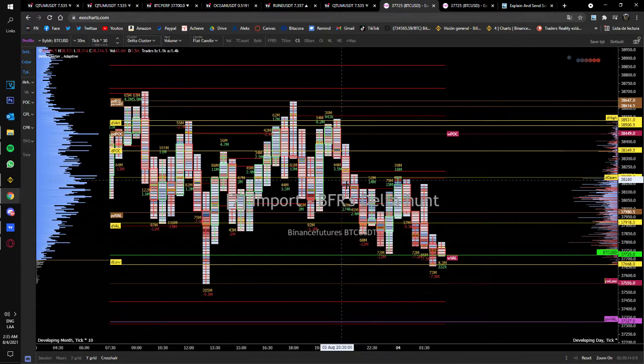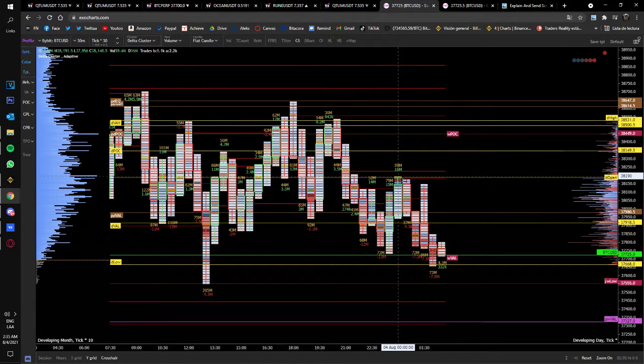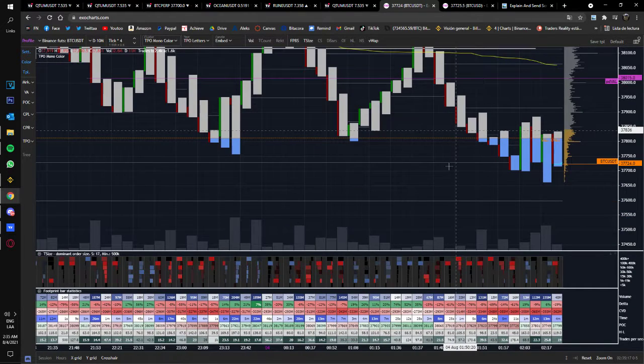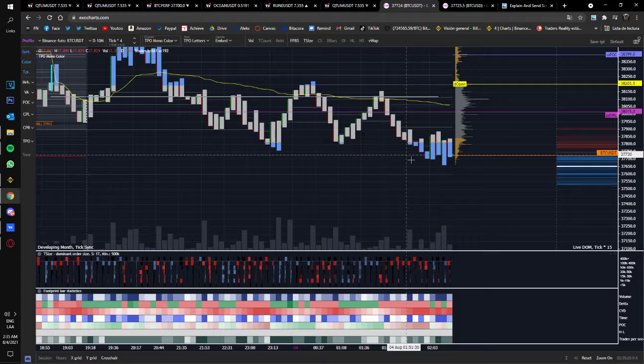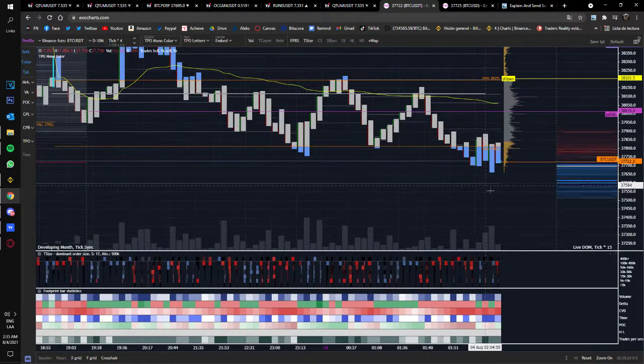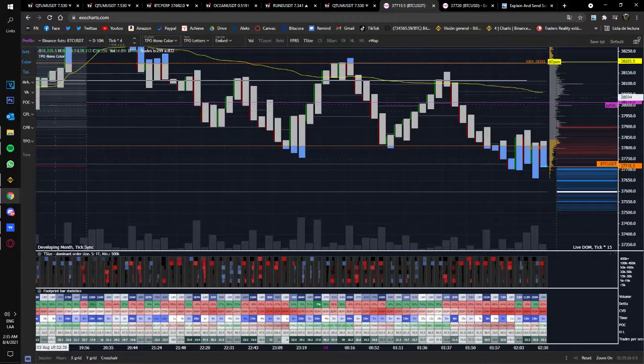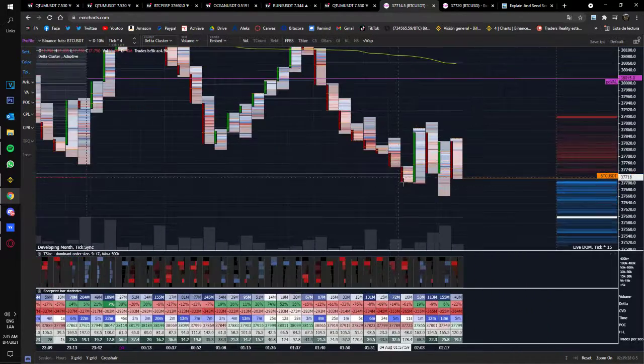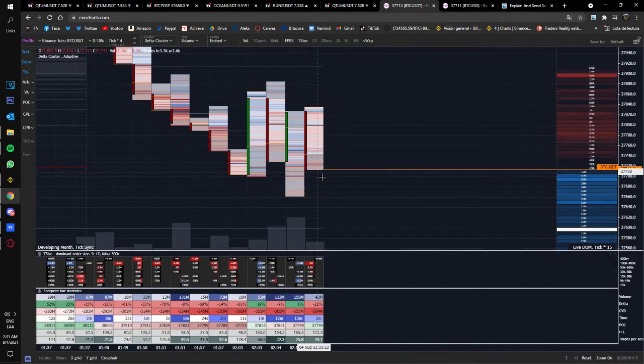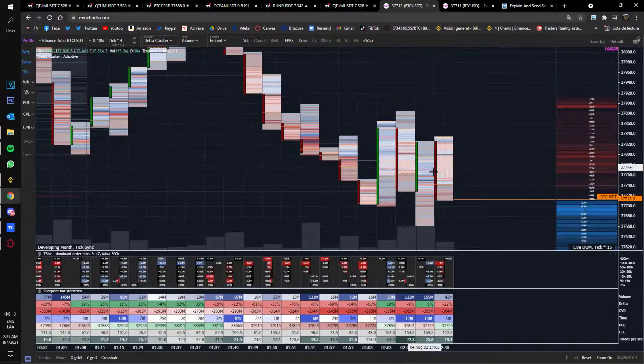This is another template where I have the delta candles. Remember, I told you guys the delta is the difference between buyers and sellers. So each candle has a 10 million difference between buyers and sellers.